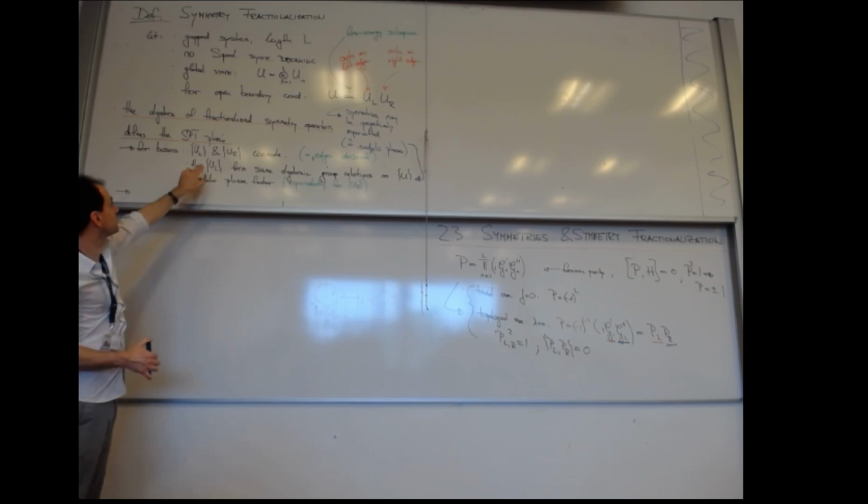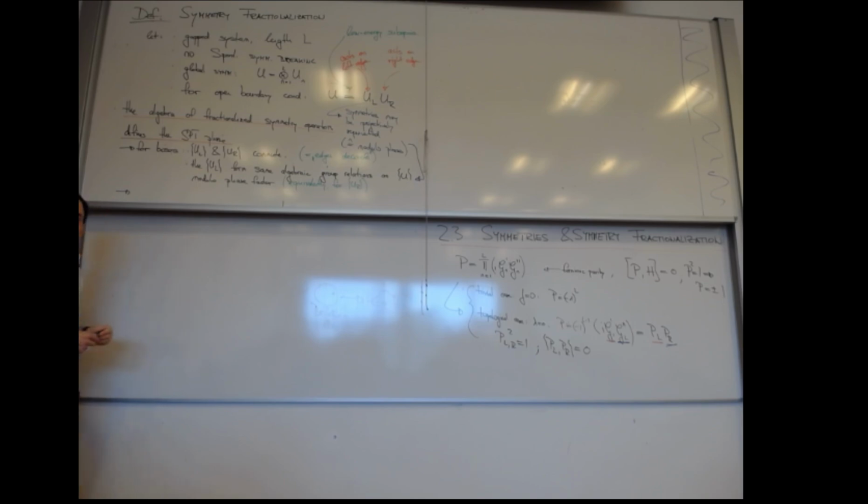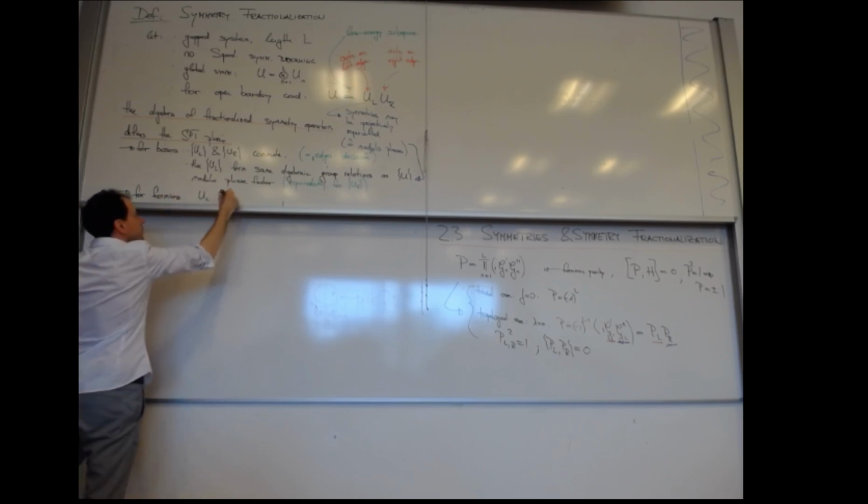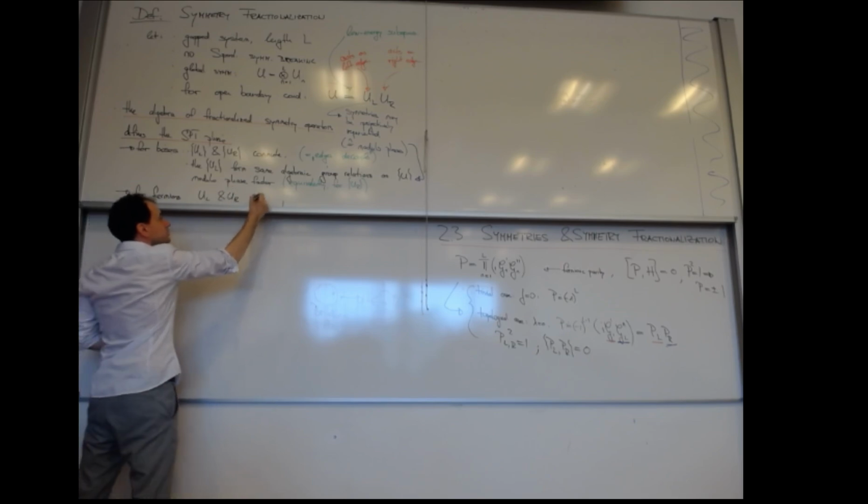And then the U_L and U_R will just commute. Well, for fermions, in this example, they anticommute. So that's the last point. Otherwise, everything is the same, but the U_L and U_R anticommute.